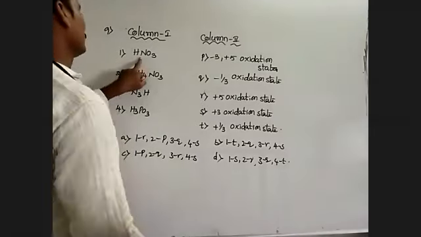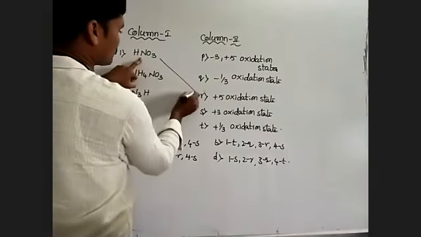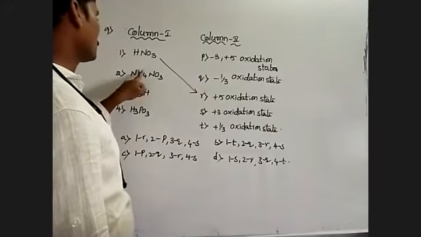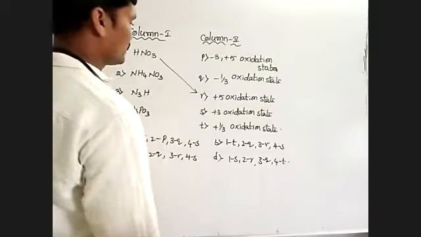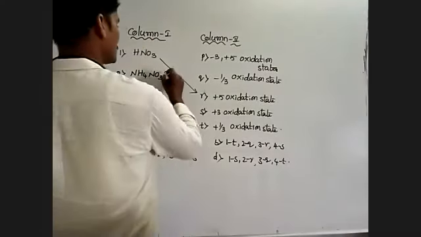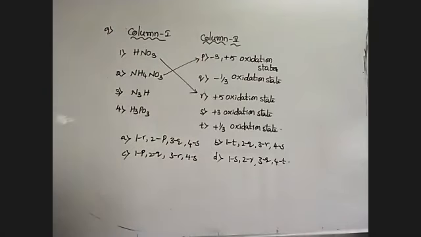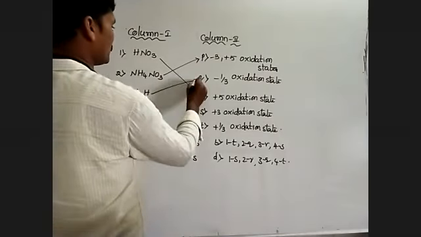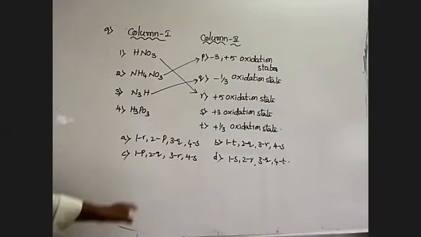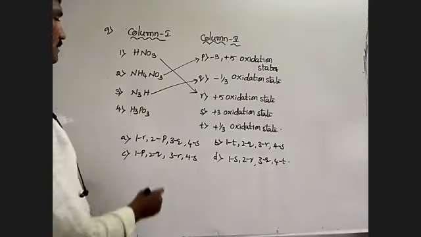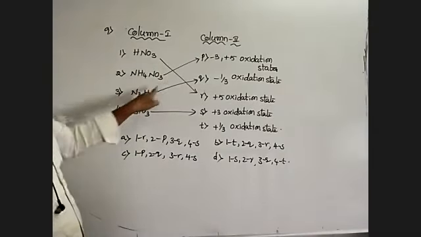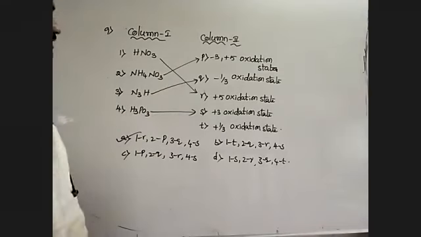In HNO3 plus 5, 1R. Next, NH4 plus NO3 minus. Okay, here NH4 plus, that means minus 3, NO3 minus plus 5, 2P. N3H means minus 1 by 3. So 3Q. H3PO3, plus 3. That means yes. So 1R, 2P, 3Q, 4S. So option A is correct.